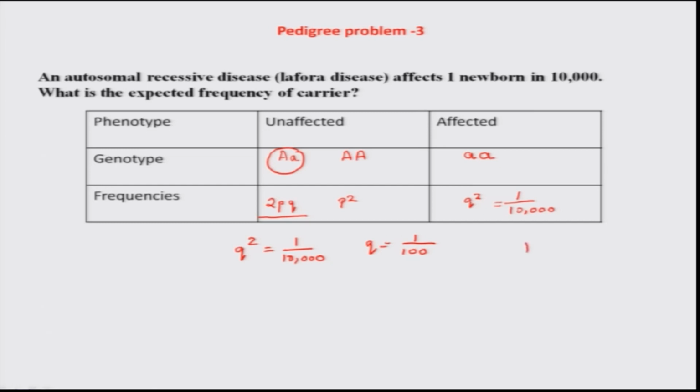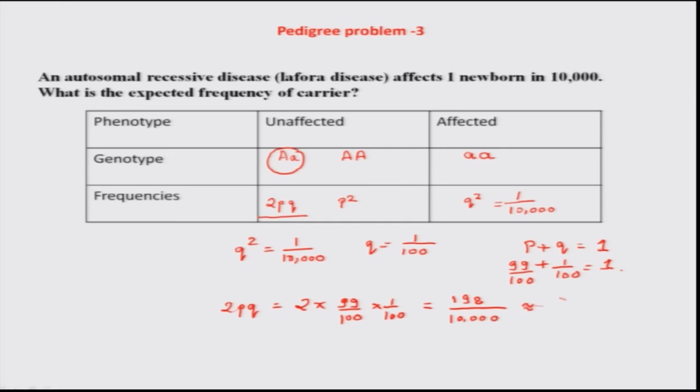Now, as you remember, p plus q is equal to 1. So, if q is 1 by 100, then p would be 99 by 100 to make it 1. Now, we need to calculate 2pq. So, 2 into 99 by 100 into 1 by 100. Now, if you multiply, this would come to around 198 upon 10,000.